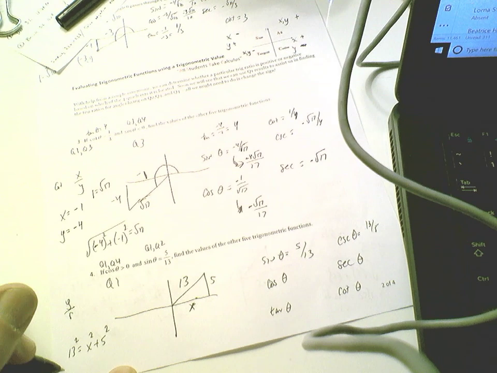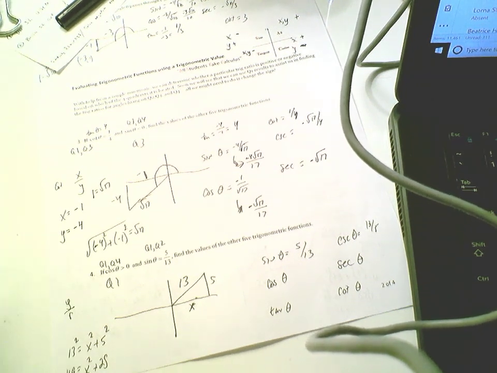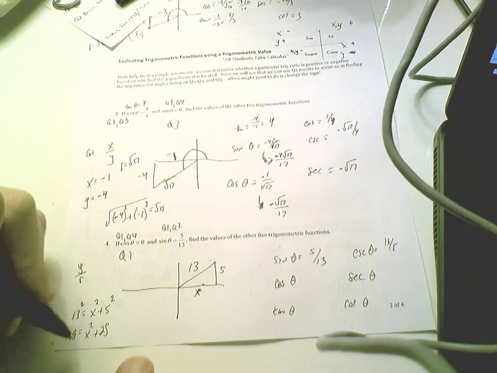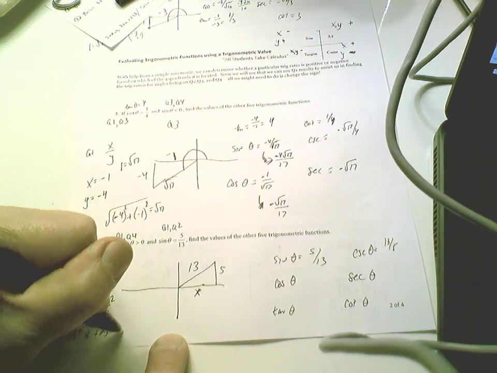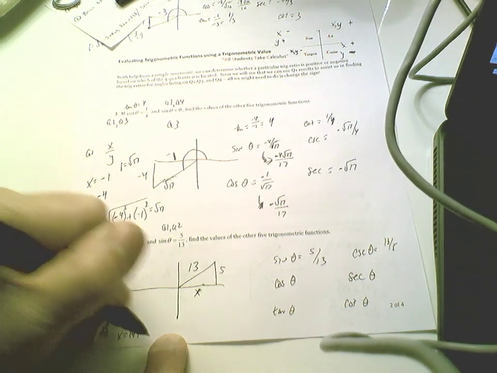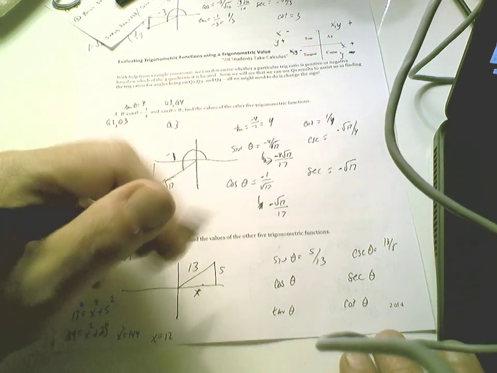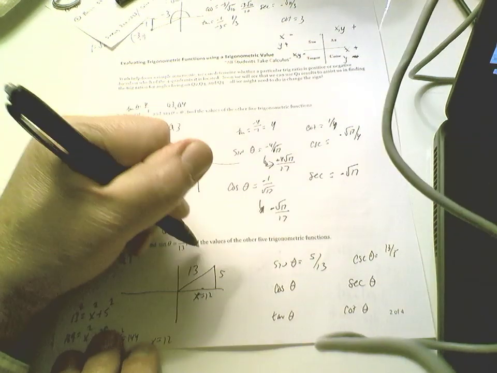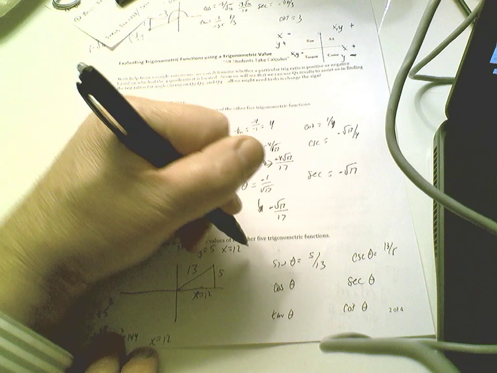169 equals x squared plus 25. X squared is 169 minus 25, 144. X equals 12. Since I'm in quadrant 1, make sure my x value is 12. I got everything I need. I have y equals 5, x equals 12, r equals 13.